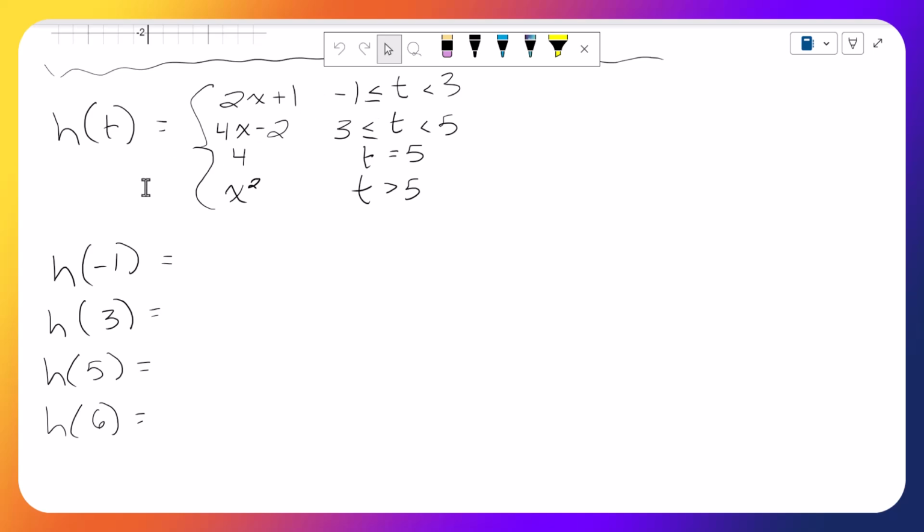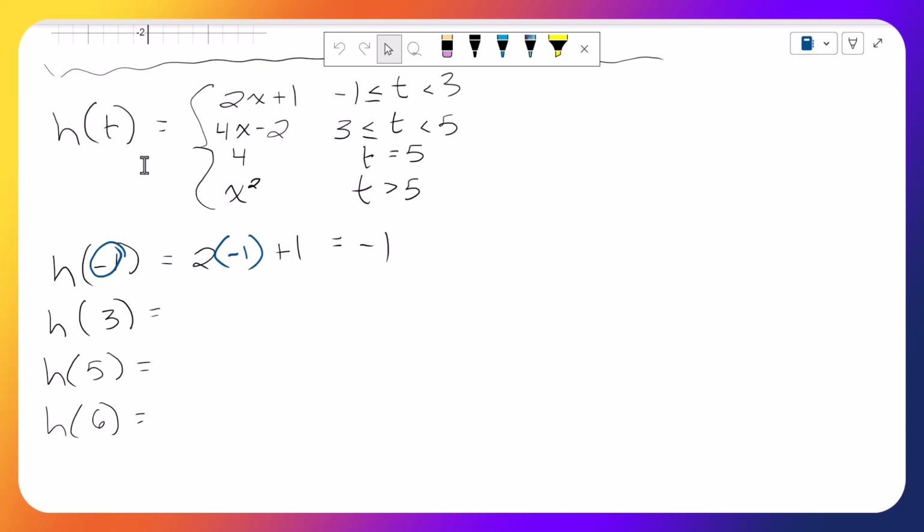That means it has a value there. So I'm going to take my linear part of this, 2x plus 1, and I'm going to take my input, negative 1, and put it into my function, and that gives us negative 1.